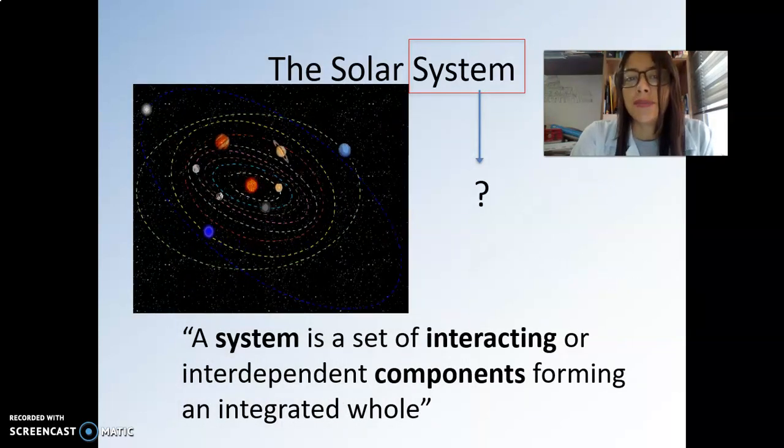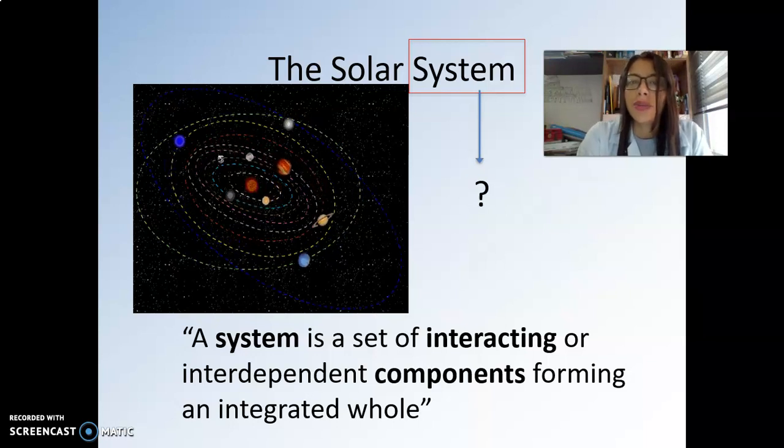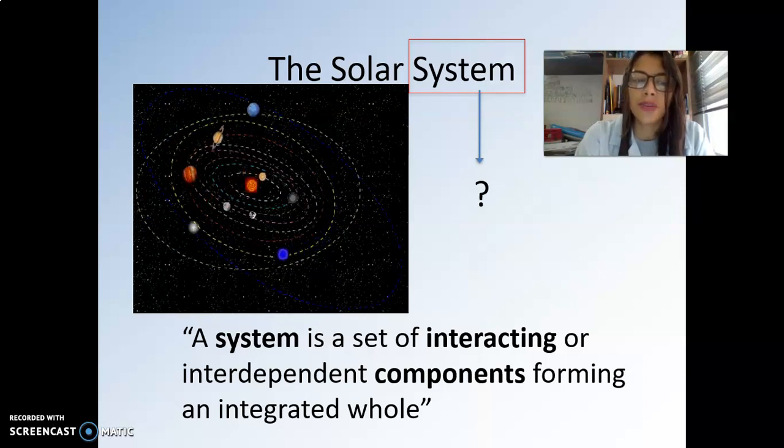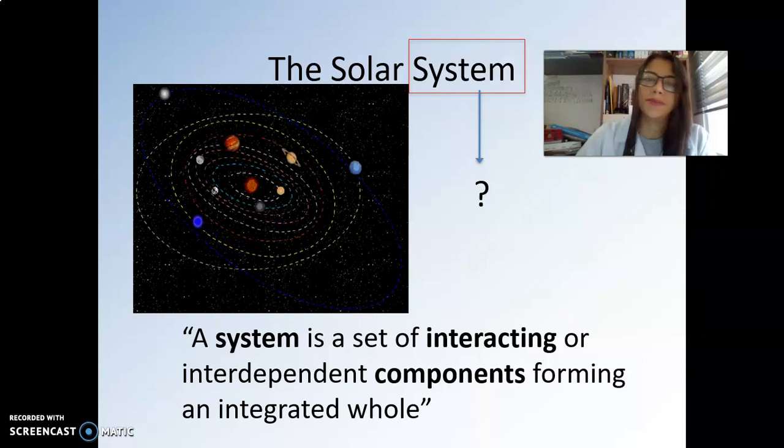What is a solar system? So, begin with the definition of system. A system is a set of interactive or independent components forming an integrated whole.